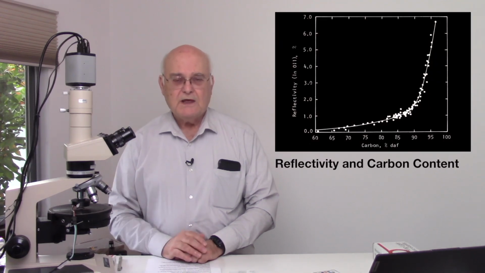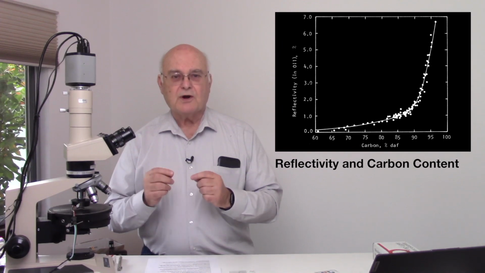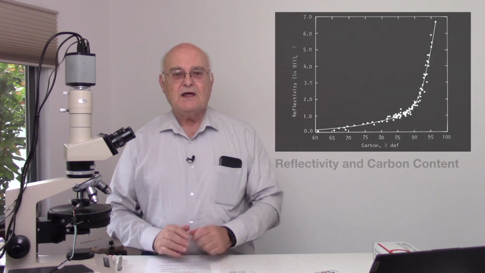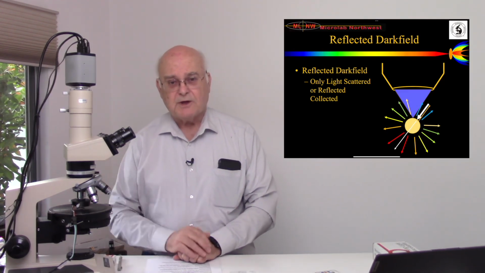Another characteristic feature that occurs as a result of this charring is that with a higher carbon coordination number, the particle becomes more reflective. That's important, and again, a reason for episcopic illumination.